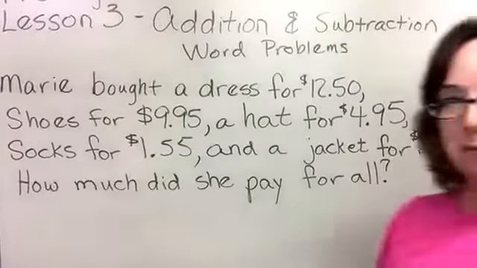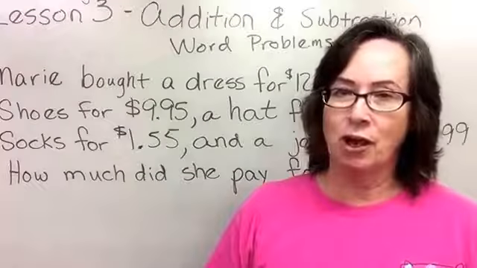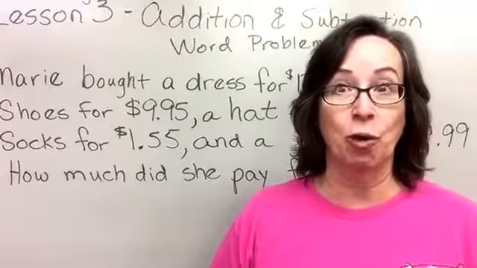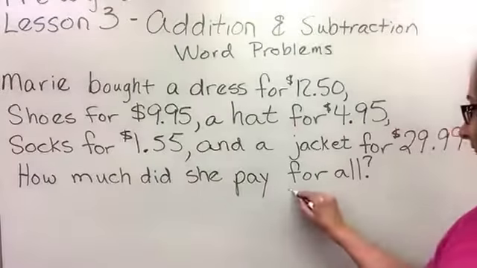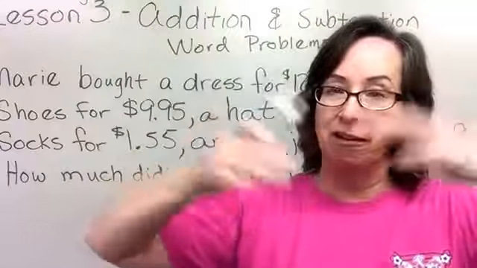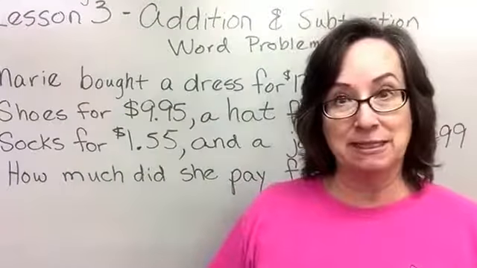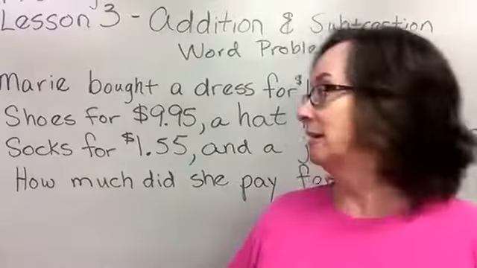How much did she pay for all? And when you look at this problem, what is your key word or words? Right there, for all means we're going to combine all of these payments that she made, all of the money, and we're going to add them together.